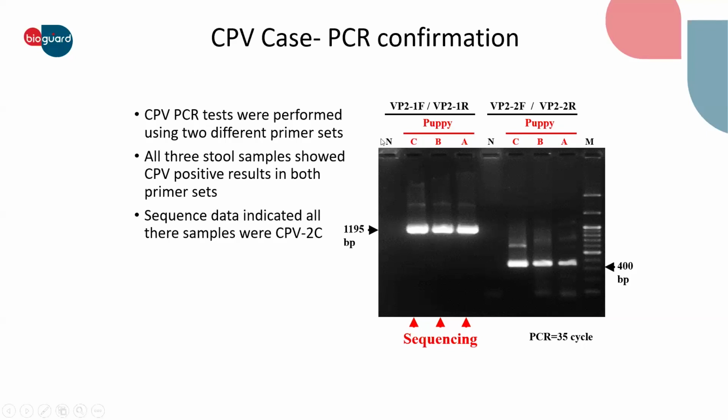Here, that's puppy C. You can see puppies C, B, A for the first primer set, and puppies C, B, A using the second CPV primer set to do the CPV DNA detection. And actually, in all 3 puppies, we detected the CPV virus gene from their feces.